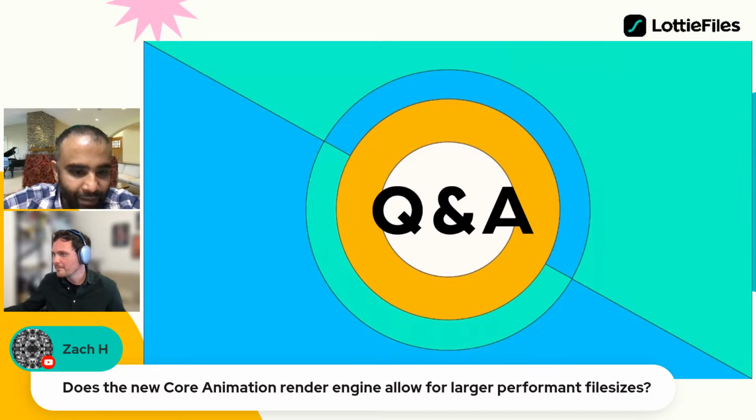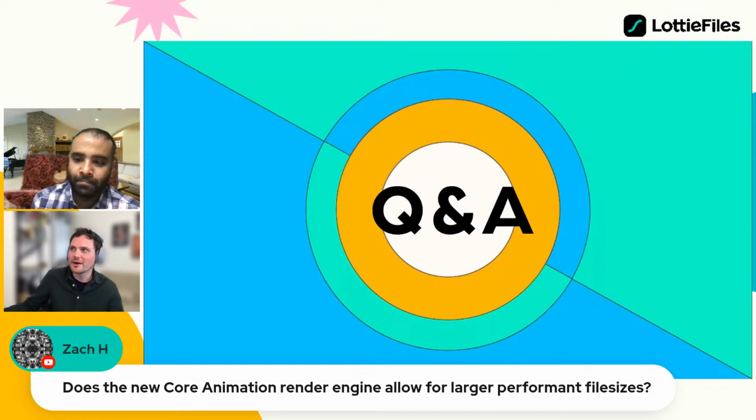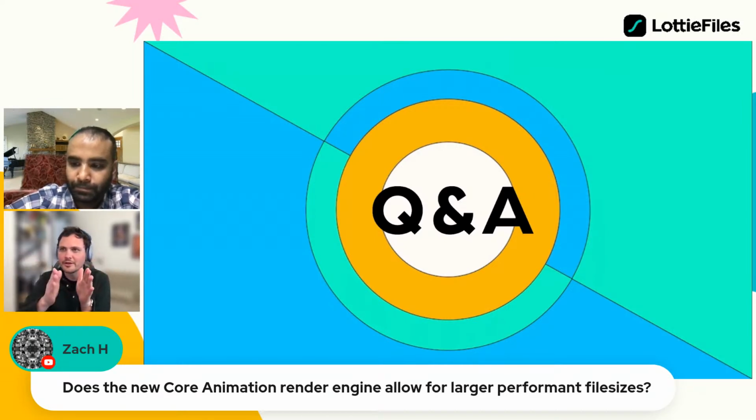Does the new Core Animation render engine allow for larger performant file sizes? Ooh, okay, I have to get back to you on that. We didn't try testing this section just yet. So far I think the latest phones wouldn't have as much of a problem, but in the end of the day, any application, and I'm talking specifically about iOS applications, will have limited memory given by the system, right?